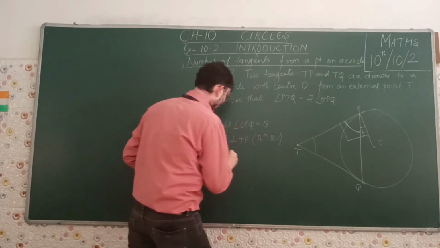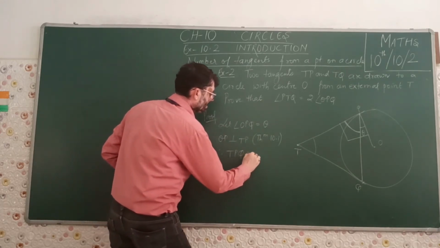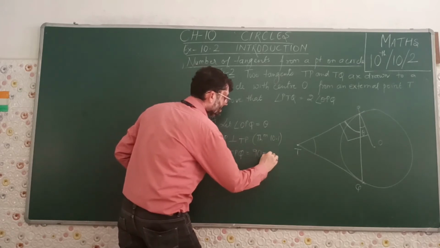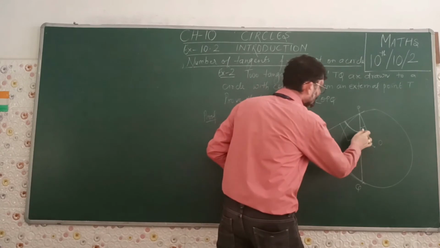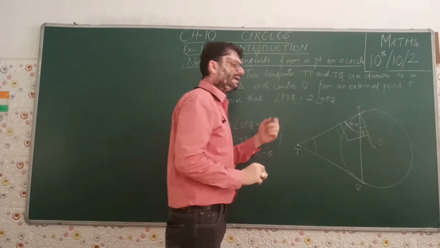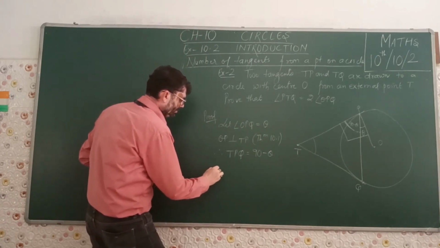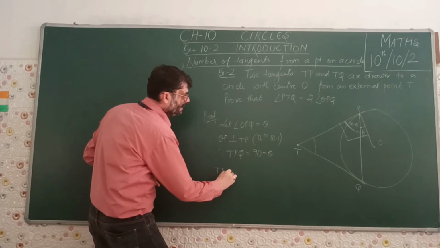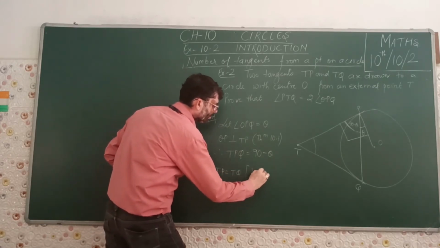Therefore, angle TPQ is equal to 90 minus theta. We can say that this angle is 90 minus theta, and this angle will be 90 minus theta as well. Now we also know, therefore, TP is equal to TQ. This is by theorem 10.2.